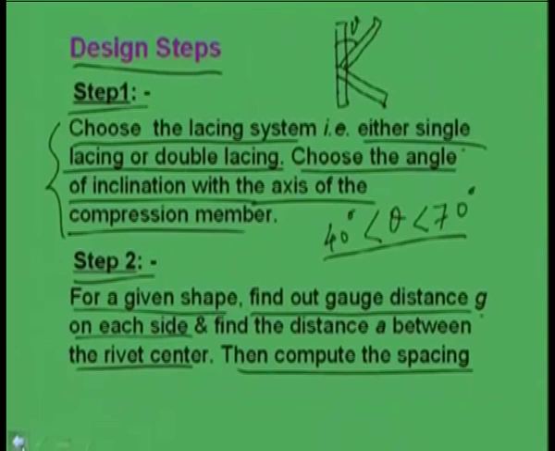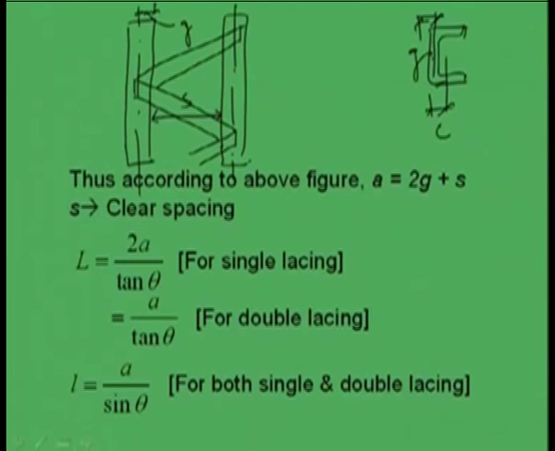The moment we find the gauge distance for a given shape, we can also find the distance A between the rivet center. So, what will be A according to the above figure?